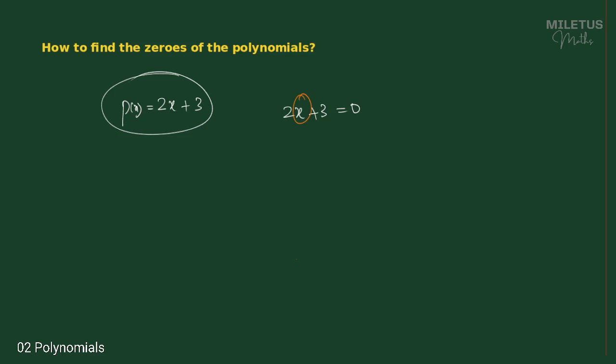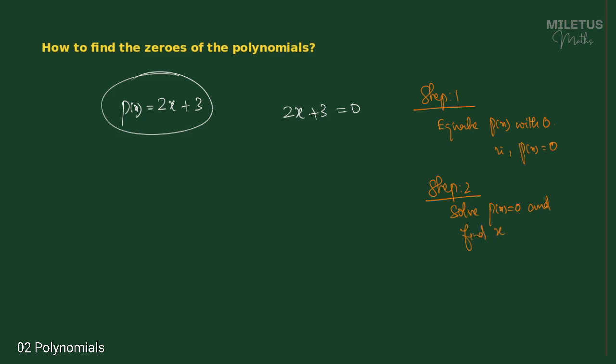Okay, fine. That means step 1 is to equate p of x with 0. That is, write p of x equal to 0. Now what is step 2? Step 2 is to solve p of x equal to 0 and find x.